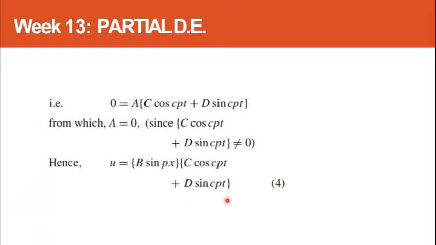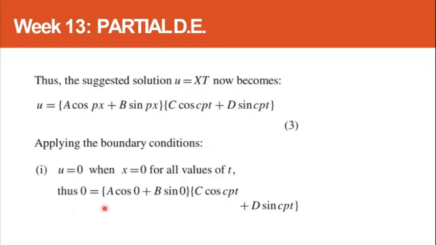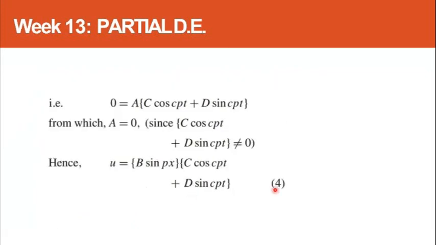For equation 4, we have u equal to b sine px times c cosine cpt plus d sine cpt. So this is also based on the formula of our third equation. We still use the third equation as basis. That is how we got the value for the fourth equation, which is this equation.